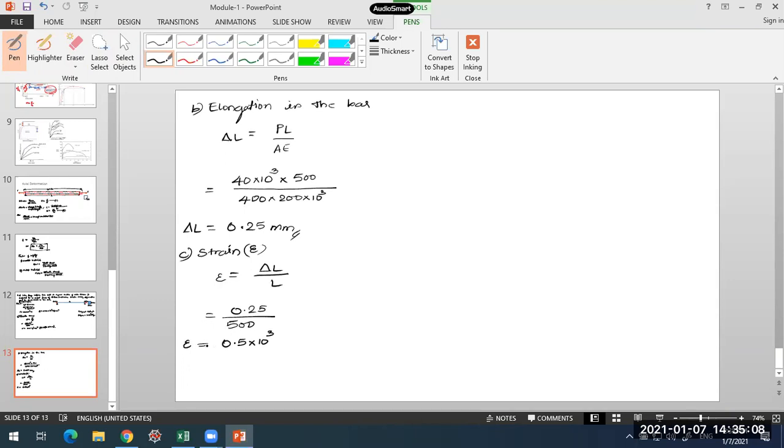Normally we express powers of ten as kilo, mega, giga, that is 10 raised to 3, 10 raised to 6, 10 raised to 9. So 0.5 into 10 to the power minus 3 is the strain here.